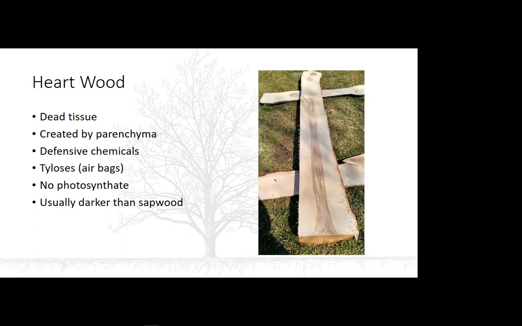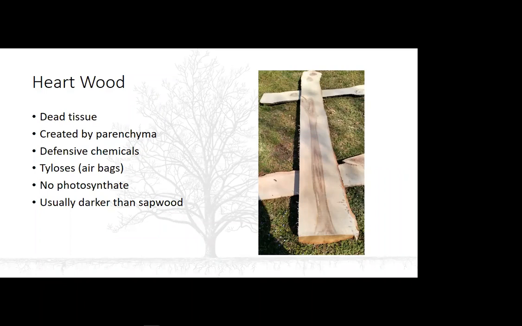Particularly the white oaks get these things called tyloses. These are essentially little airbags that the parenchyma blows out into the vessels, and they're there to try and prevent vertical movement of decay along the heartwood in the tree, or in the branch if it's a big branch. And usually the heartwood is darker than the sapwood.